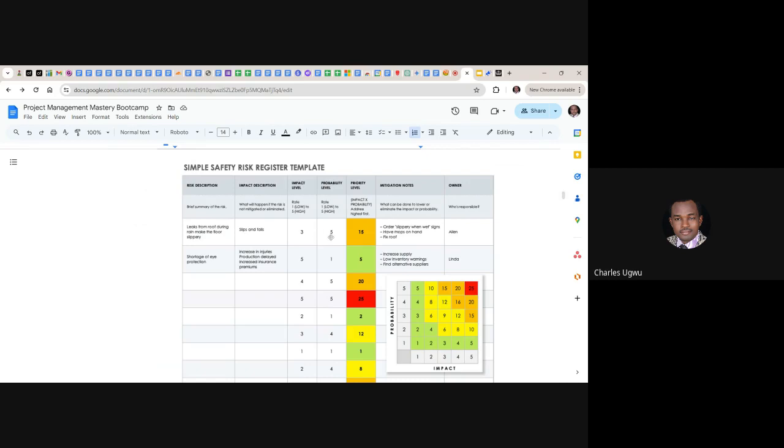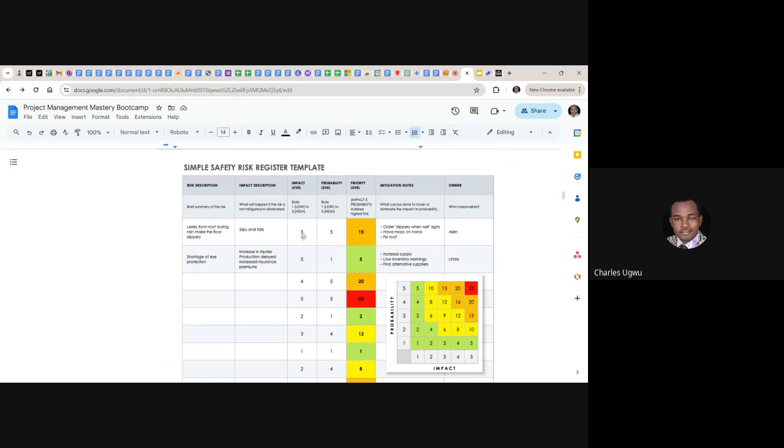So how do you get the priority level? The priority is the kind of attention to give to that kind of risk. When you multiply the impact level by the probability level, it gives you the priority level.